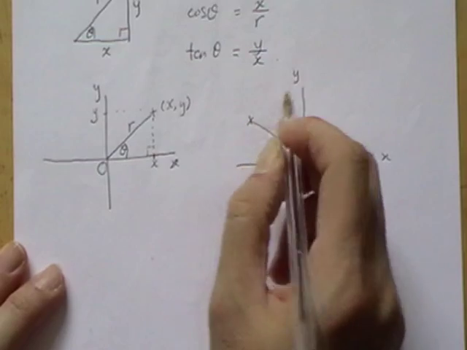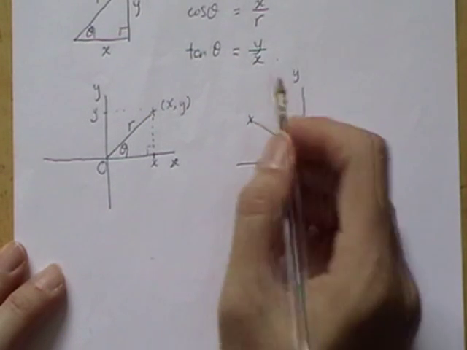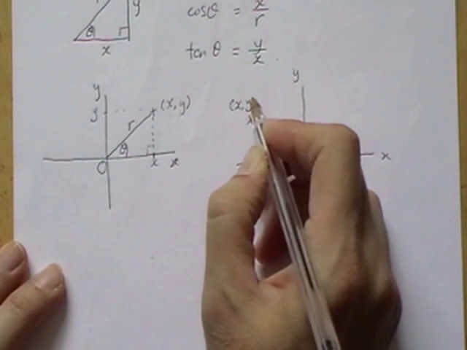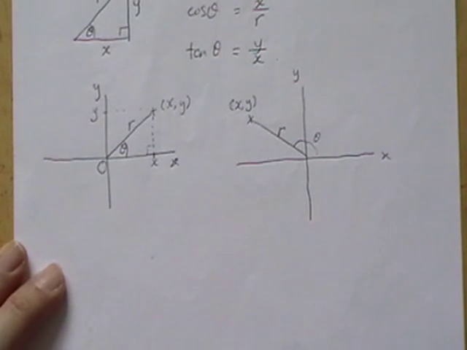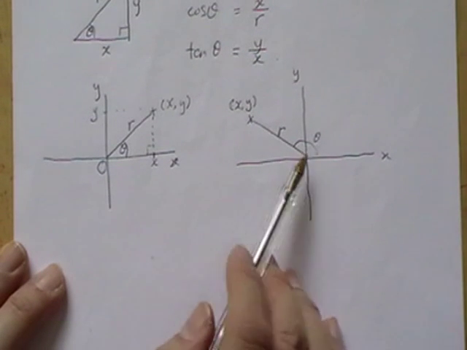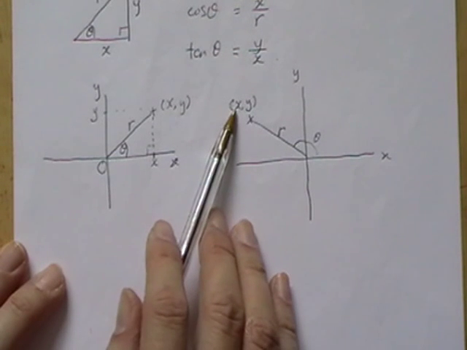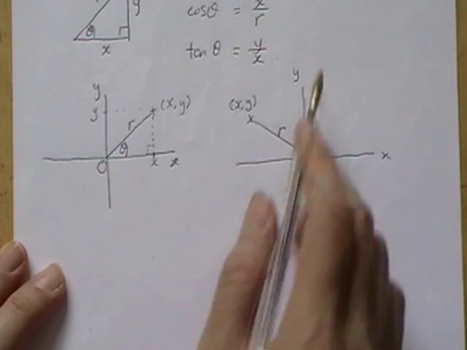If I now think about this point, which has gone from there to there, I can continue to think of the coordinate of this point as x and y. So even if the angle is now more than 90 degrees, I can still find values for x and y.